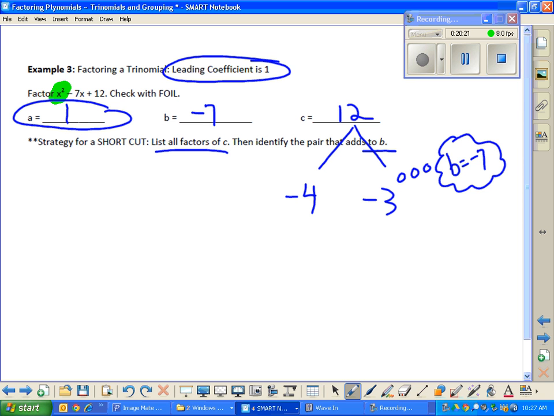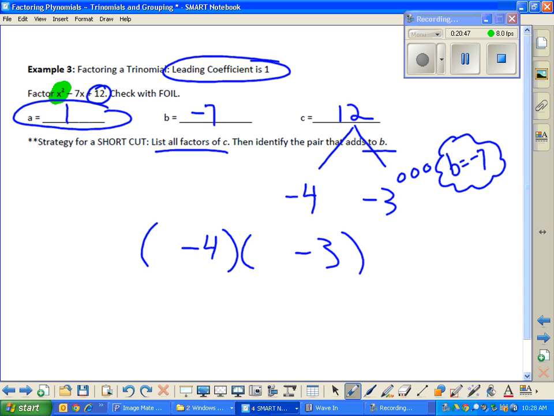So instead of now attaching an x and writing it as 4 terms, here's my shortcut. You know that we're basically stuffing sets of parentheses here with the exception of the GCF method. The numbers that are going to be your lasts have to be negative 4 and negative 3, because negative 4 times negative 3 would get you back to this positive 12 here at the beginning of the problem, right there.